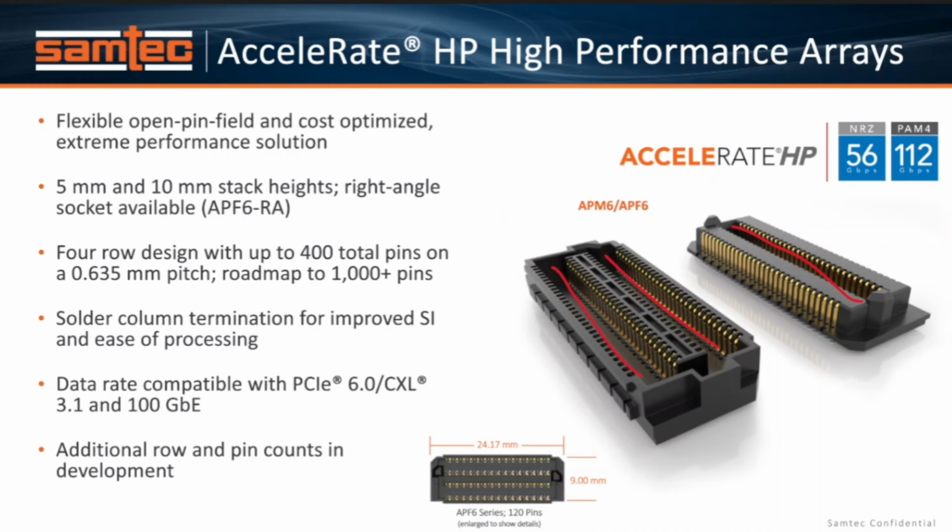Like the HD, 5 millimeter and 10 millimeter stack heights, we don't have these within the SGET oHFM, but if you're working on a custom solution, our Accelerate HP can support up to 1,000 pins per mated connector pair. These support up to 112 gigabit per second PAM4. We'll talk about why PAM4 is so essential here in just a minute. And we have other row counts in development.